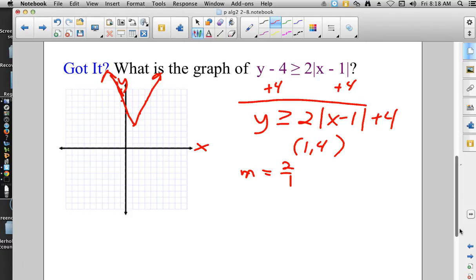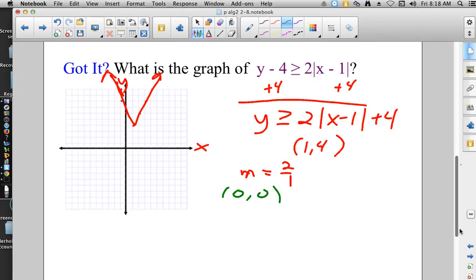Now we kind of see why it's important to test the point. Because if you look at that and you say greater than, oh, wait a minute. Is that going to be the stuff in here, or is that going to be the stuff out here? And the easiest point to test, especially for this one, would be 0, 0. So if greater than is inside it, this should not work.